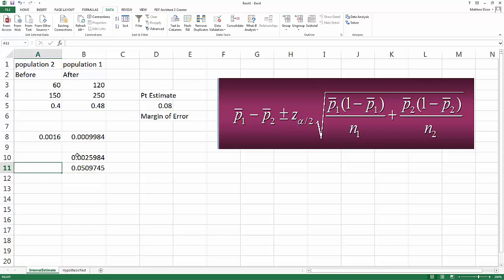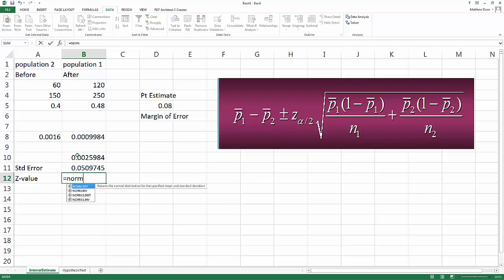Now we need to find the Z value. In Excel, it's nice to use the functions that are built in for us. There's a function called NORM.S.INV, and you need to give it a probability. So here you give it alpha divided by 2, 0.025.